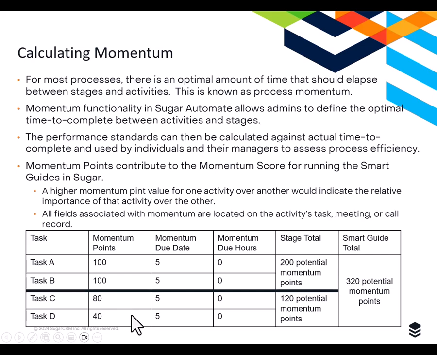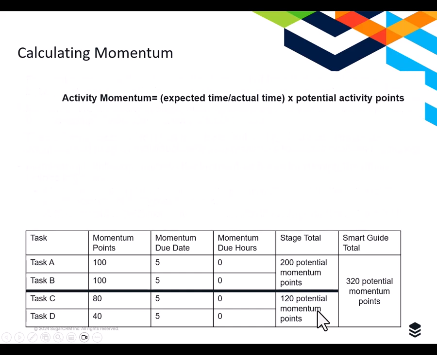For the second one, the potential is 120, a total of 320. So let's say you want to calculate what the momentum should be. It's the expected time divided by how much time it actually took for them to hit the check mark, times the potential activity points.